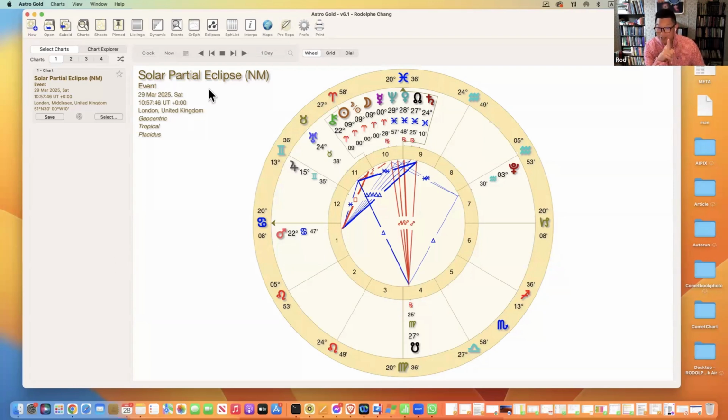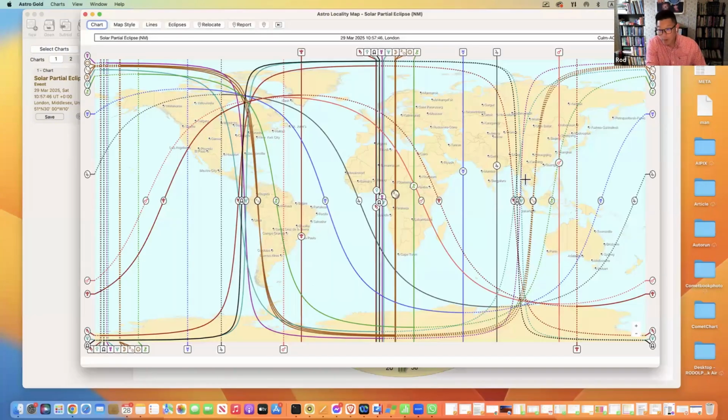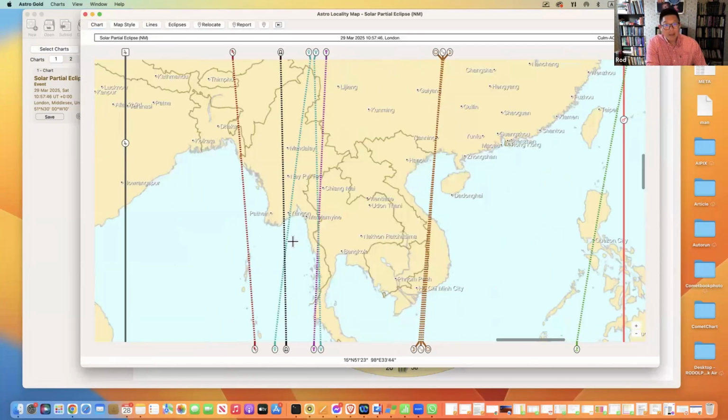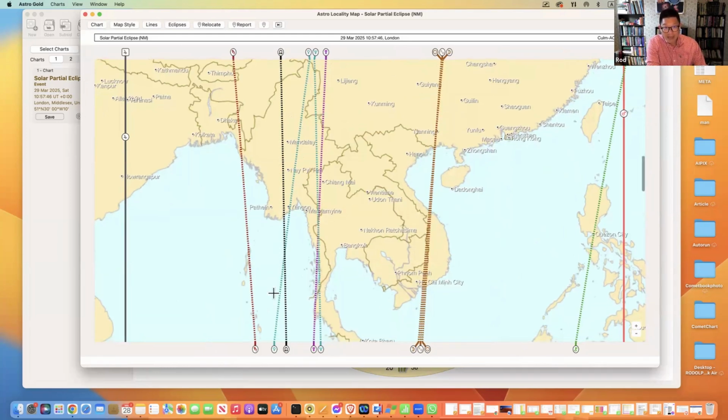So let's look: are they really related to the earthquake event? Look at this busy area. We have the nodal line, Venus line, Neptune line. I think they are all on the descendant. Saturn line, Saturn on the descendant, Venus on the descendant, Mercury on the descendant.